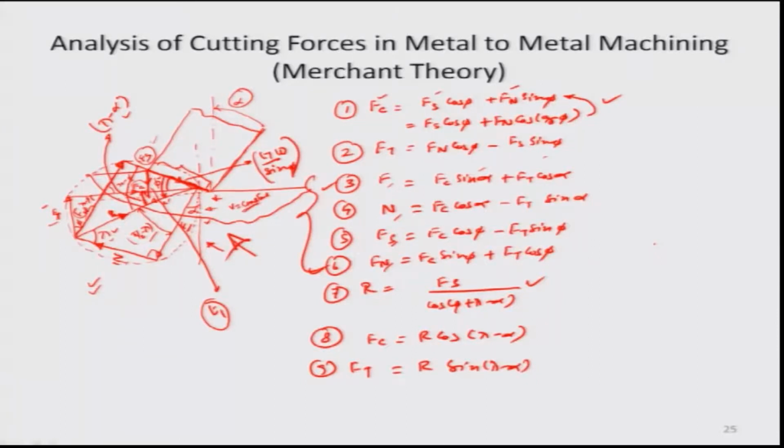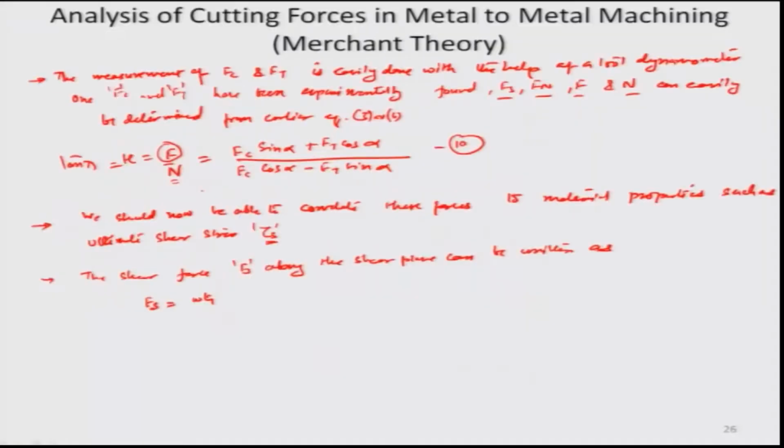So, T1 W by sin phi is the total area, and we will be left with the total shear force necessary as W T1 by sin phi, that is the area of the shear plane times the ultimate shear yield stress of the material, which is a property of the material, and it defines the extent of cutting forces that has to be applied for the material to start machining off or peeling off from that area. So, this is how you define the total shear force.